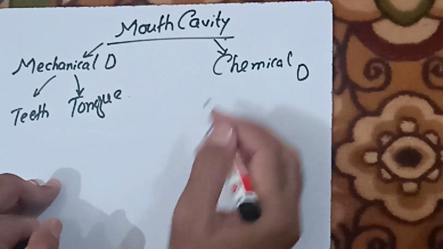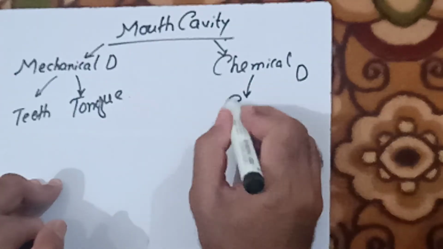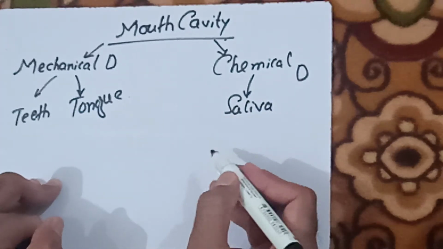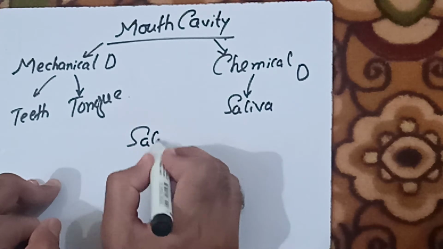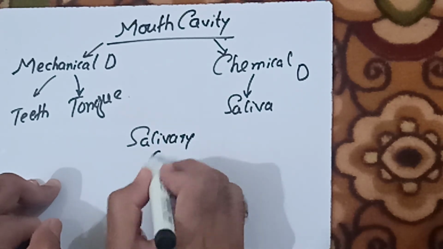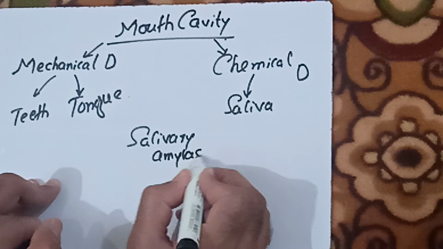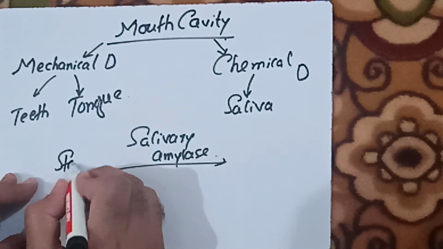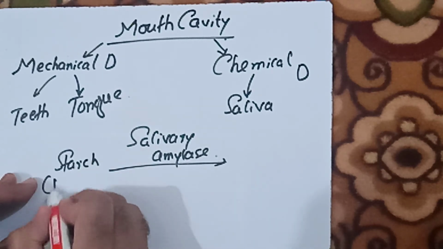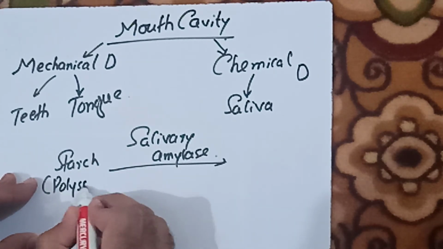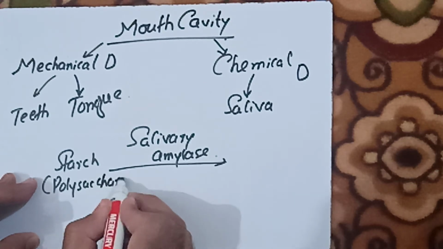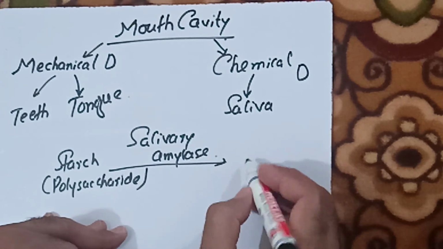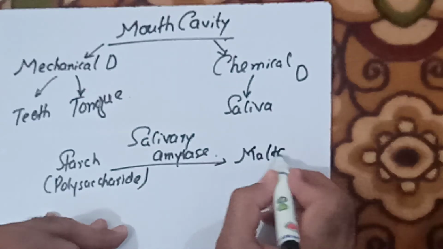And chemical digestion will be done by means of saliva, because saliva contains the salivary amylase. This salivary amylase will convert the starch, which is a polysaccharide, a complex carbohydrate, into a smaller unit, maltose, which is a disaccharide.